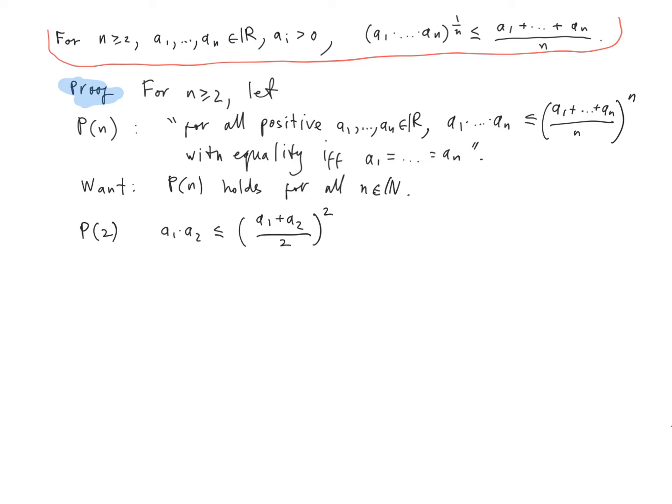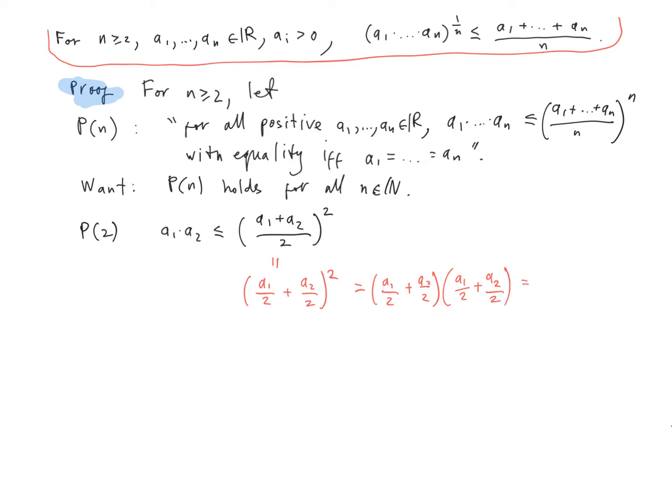The right-hand side can be expressed as a1 over 2 plus a2 over 2, squared. Now, just viewing it as a product, it's the same thing as a1 over 2 plus a2 over 2 multiplied by a1 over 2 plus a2 over 2.